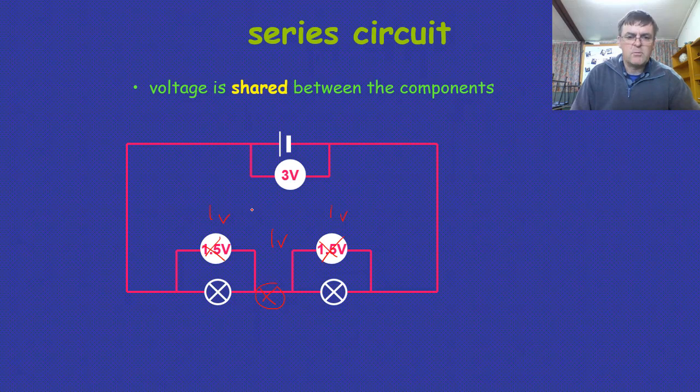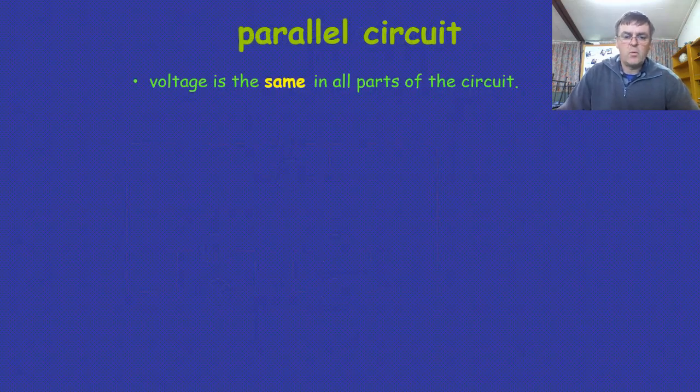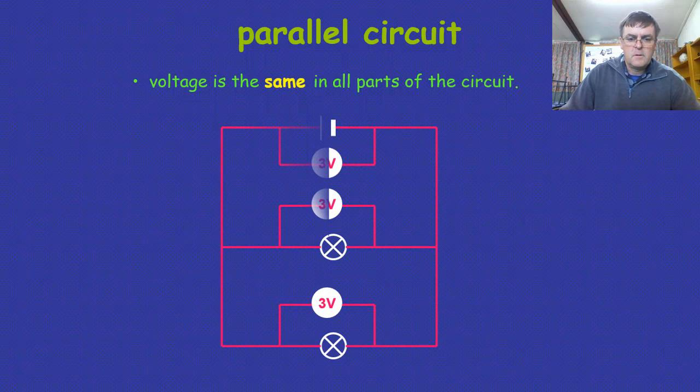So it's shared equally between all the components. In a parallel circuit, it's the same everywhere. Because we've got alternate pathways, all the oomph can go through each pathway. So all the 3 volts can go through either of those pathways.